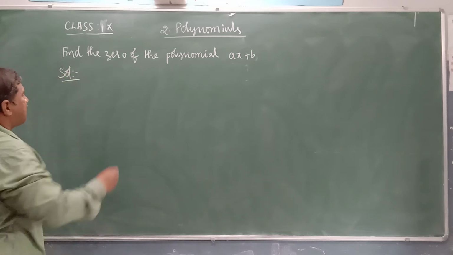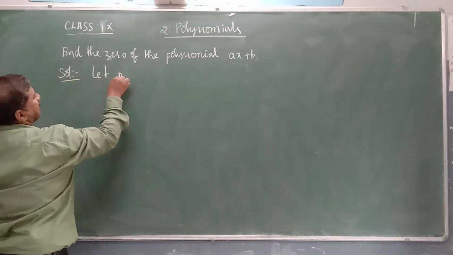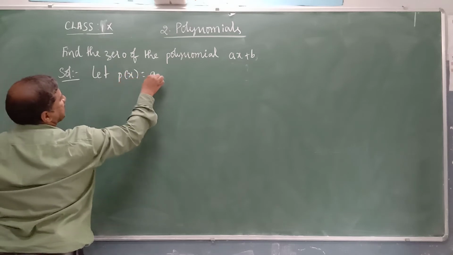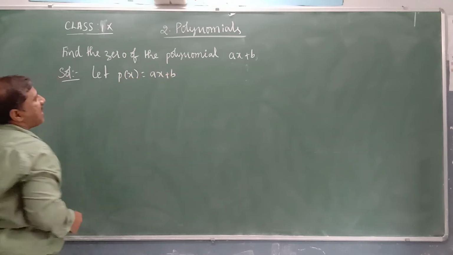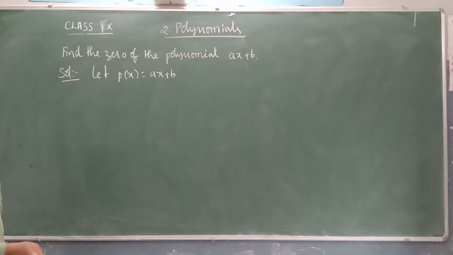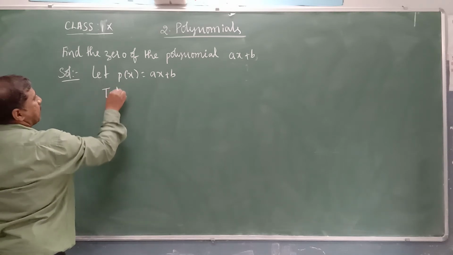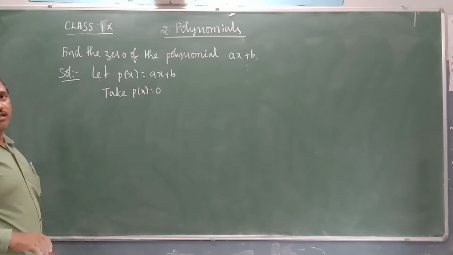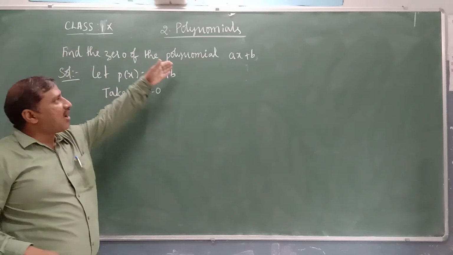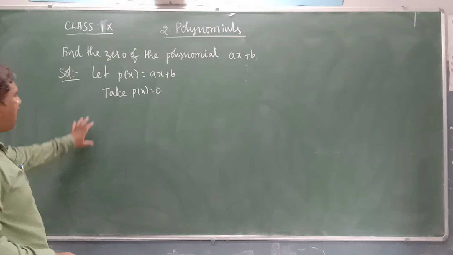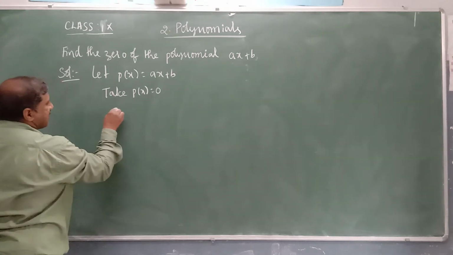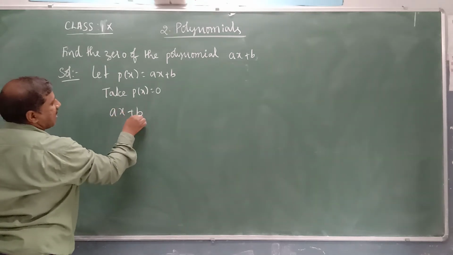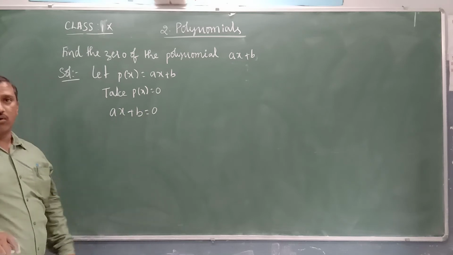So let p of x is equal to ax plus b. Now to find the zeros, what to take? Take p of x is equal to 0. That is ax plus b is equal to 0.